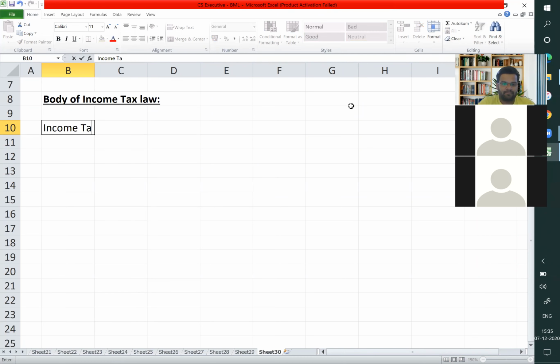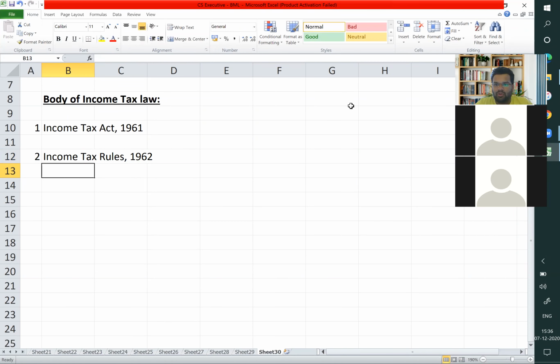Yes, it is the Income Tax Act 1961. Secondly, it is the Income Tax Rules 1962. Is it possible for only the Income Tax Act to give all the provisions? That's why the Income Tax Act 1961 delegates some powers to the central government, and using those powers, the central government makes rules.